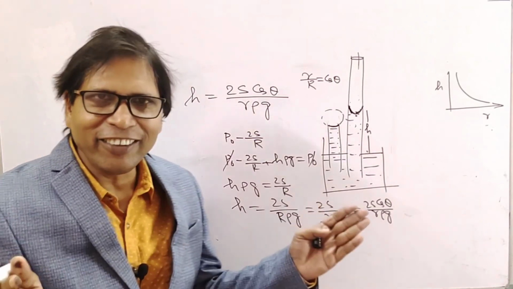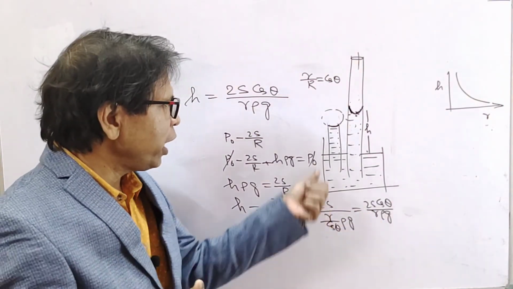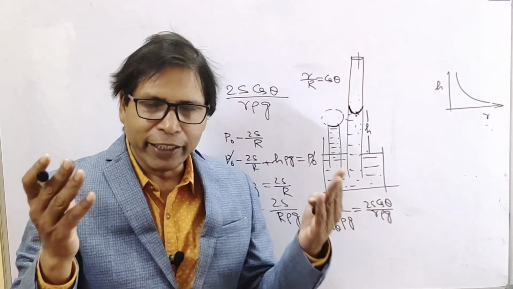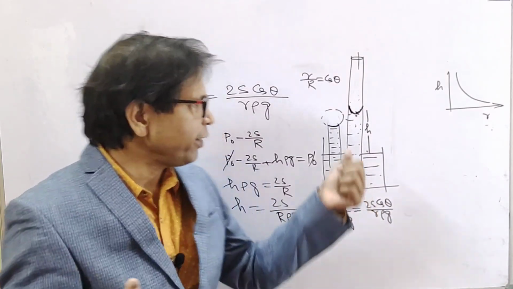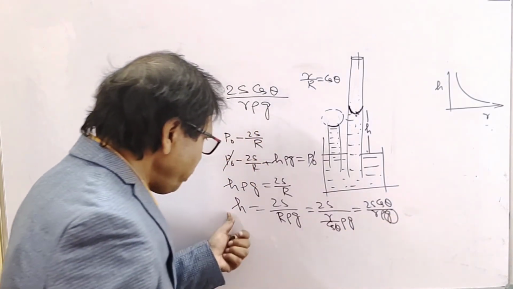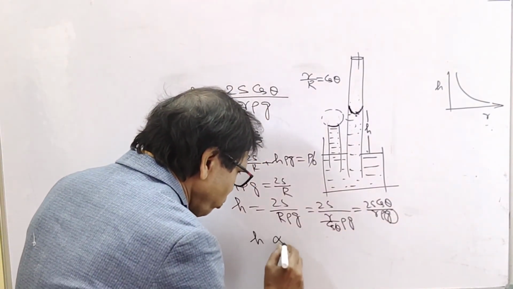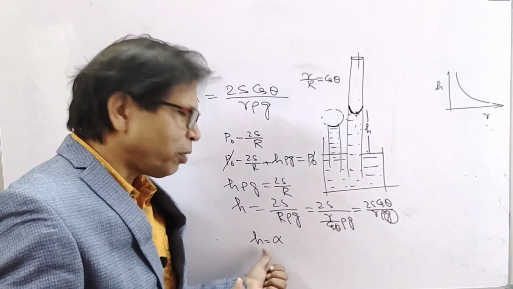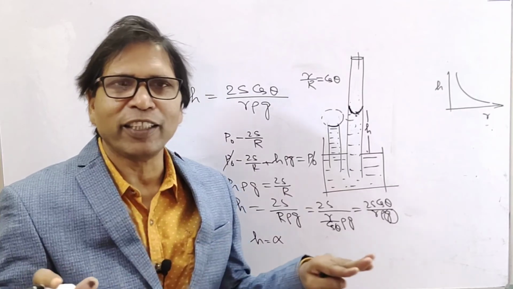Okay, understood? Now what happens if the experiment of capillarity is done in gravity free space? In this case, look at this, g becomes 0. If g becomes 0, h becomes infinity. In this case, the ascent of the liquid column is not infinity.